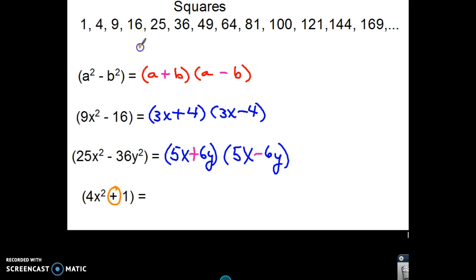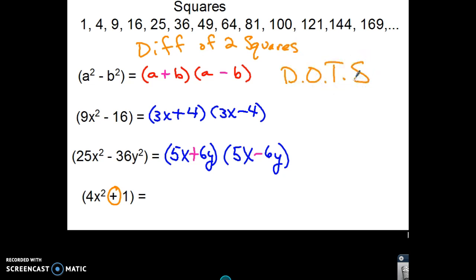And this is a difference of two squares, or also known as DOTS. Difference of two squares. This last problem here is not a difference. So guess what? This is not factorable. And you always want to look for a GCF, but this guy is not factorable.